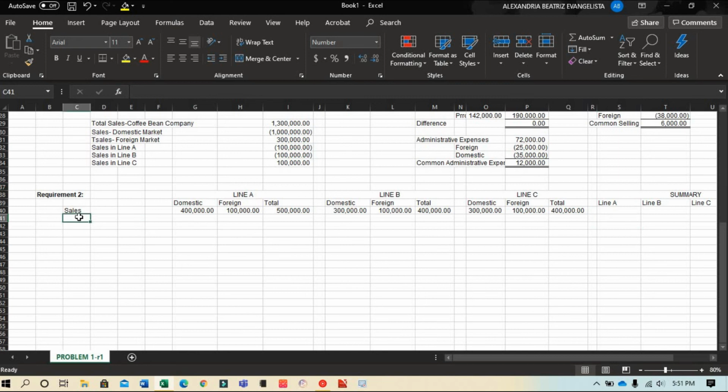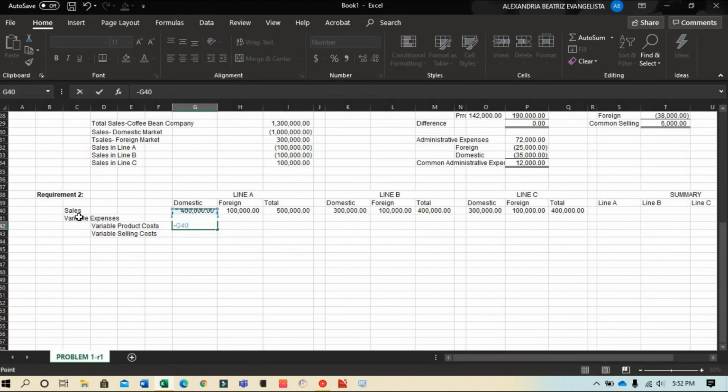Next, let's input the variable expenses. Under variable expenses, we have the variable production costs and variable selling costs. Under the domestic, it is 60% of sales.